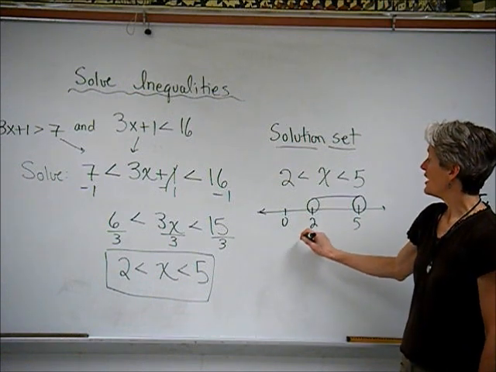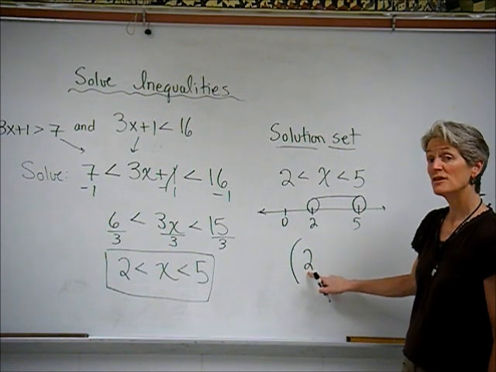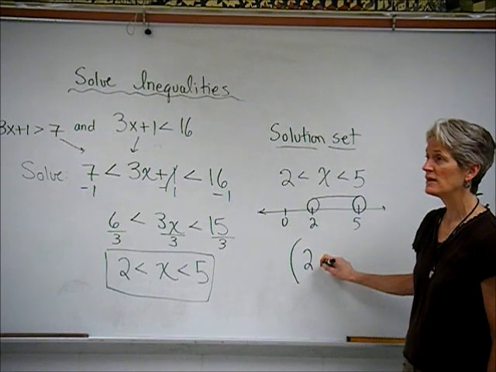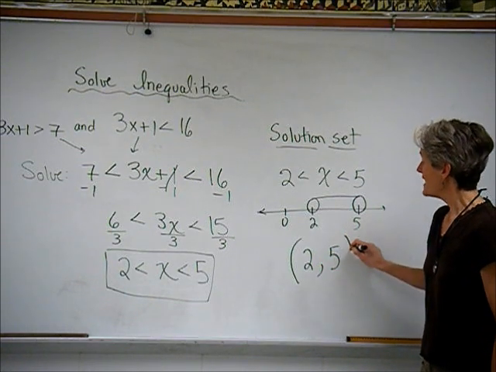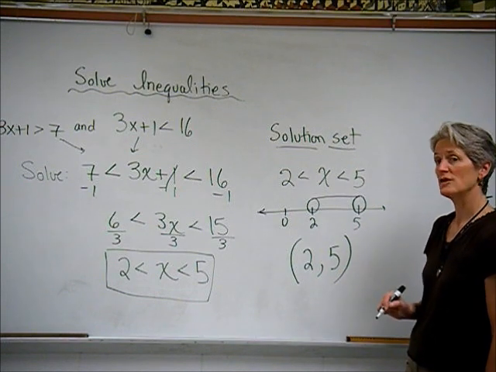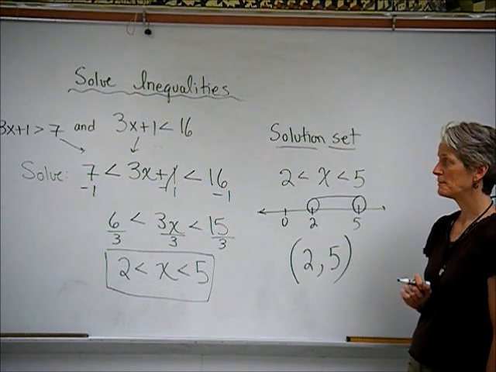We could also write it soft parentheses 2, because it's starting at 2 but not including 2. We say that's non-inclusive, comma, up to 5, not including 5. So that's using our interval notation. That means all the numbers between 2 and 5 work.